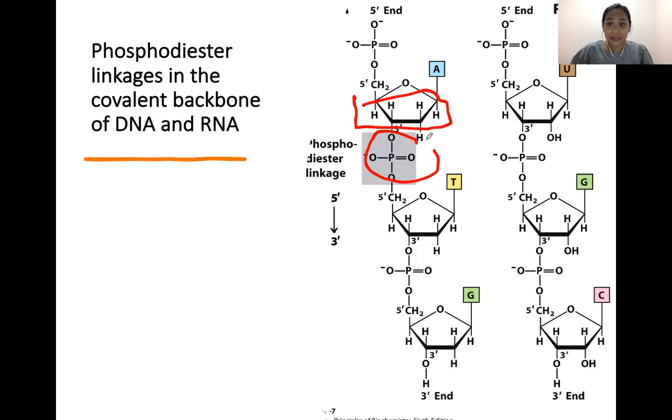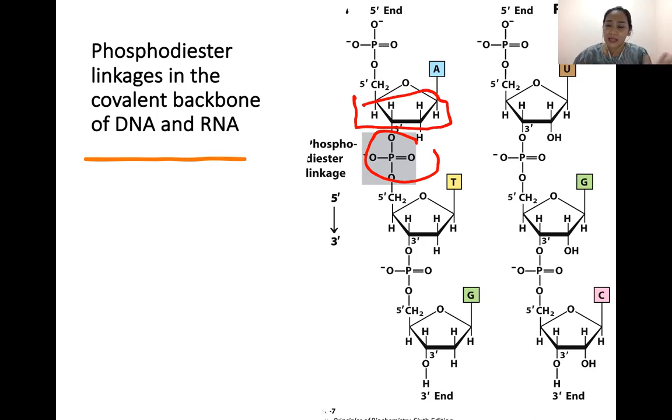So how are they linked? These nucleotides are linked by phosphodiester bonds in the 3' and the 5' carbons. Just like proteins, these are macromolecules that are directional. So it follows a certain direction.